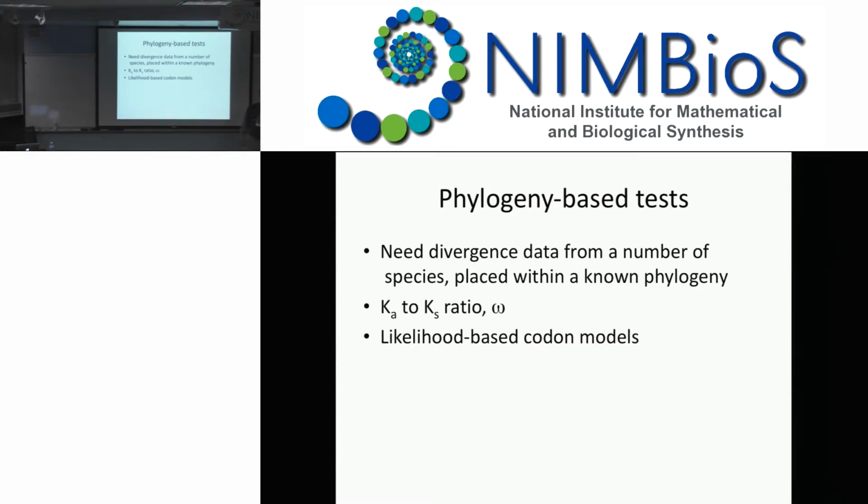We have this concept of a neutrality index. It's basically the ratio of polymorphism to divergence for replacement sites divided by the neutral standard. If that's bigger than 1, it indicates an excess level of replacement polymorphism. If it's less than 1, it indicates an excess level of replacement fixations.